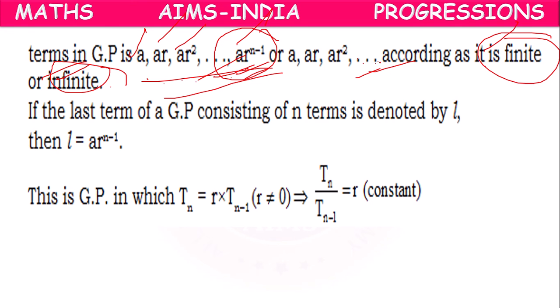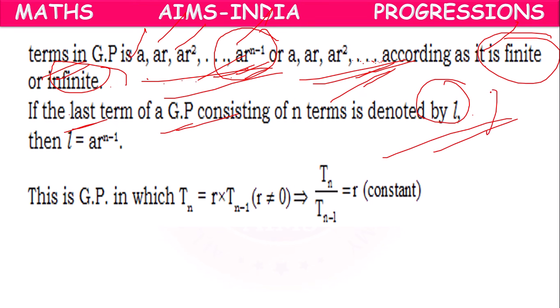If there is no nth term, if there are only dots, means this sequence will continue, and it is known as infinite GP. Suppose the last term of GP is denoted by L, then L is given by A into R power n minus 1.